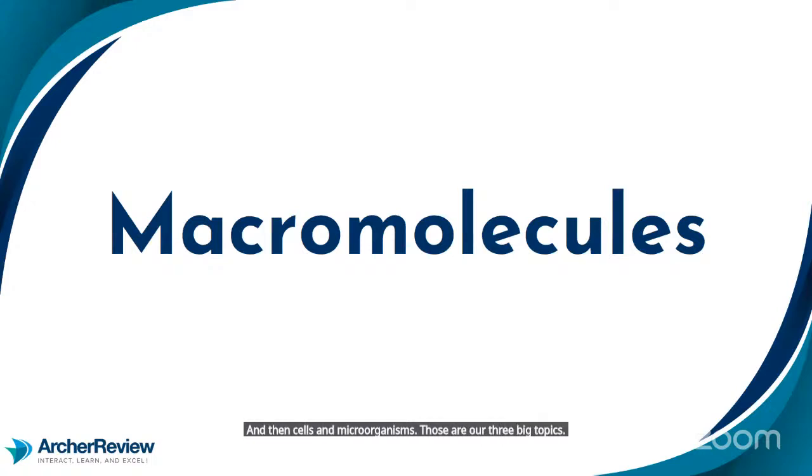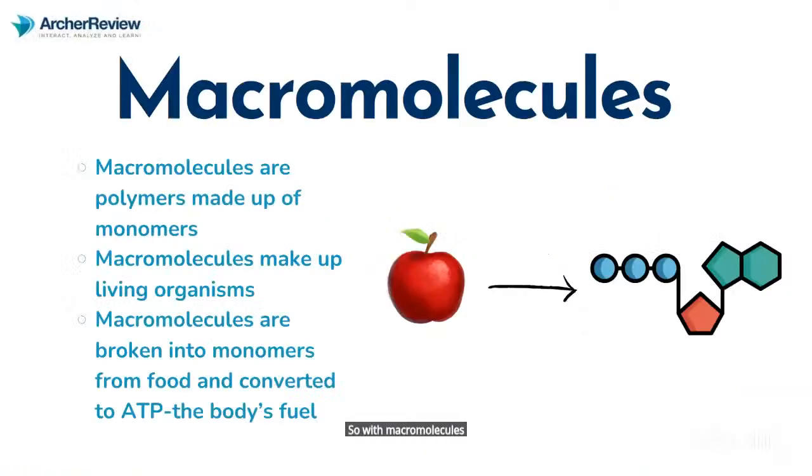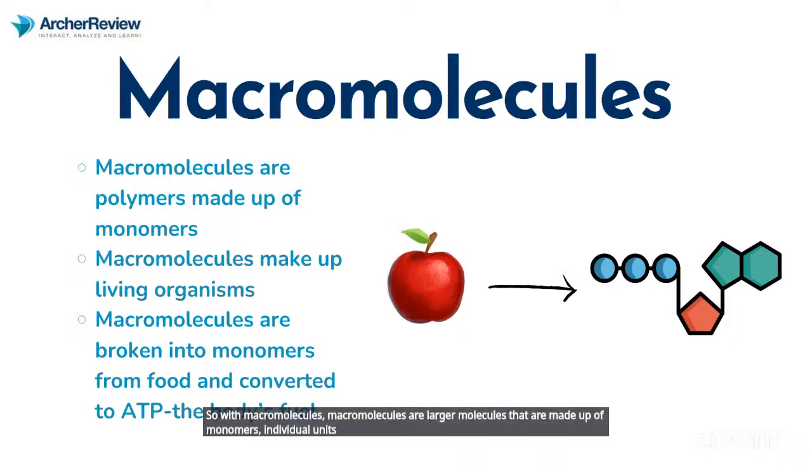So macromolecules are larger molecules that are made up of monomers, individual units that bond together to make the macromolecules. When you have those individual units, those monomers, and they bond together, they call them polymers.